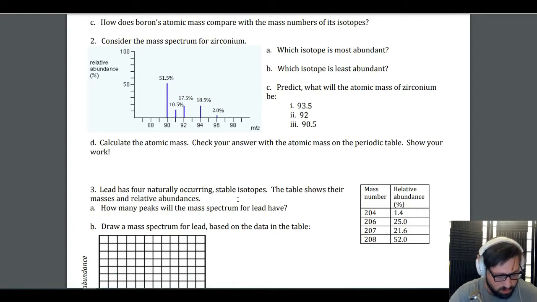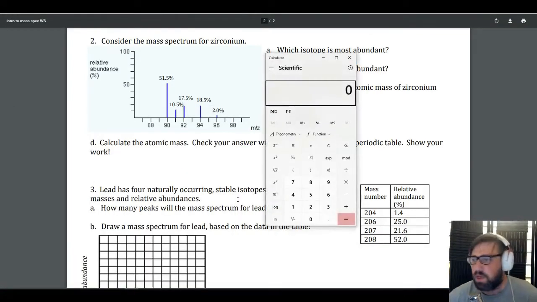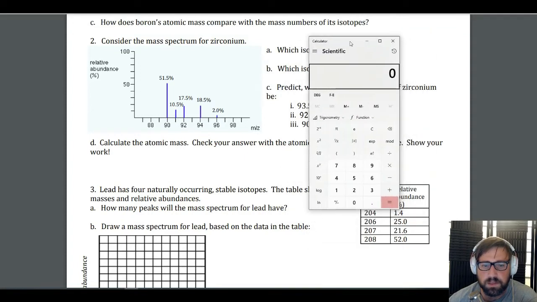So we can go through and calculate our things.